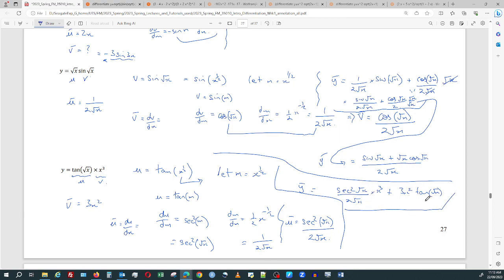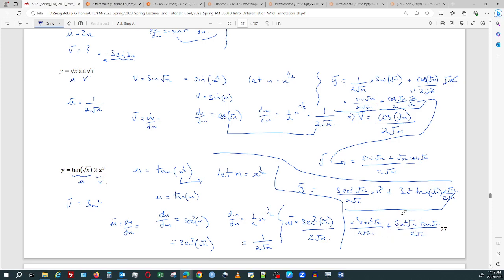But to put the 2 root x on the bottom requires a 2 root x and a 2 root x. So we'll end up with 3 2s are 6, x squared root x. And we'll end up with x cubed sec squared root x over 2 root x, plus 6x squared root x tan root x over 2 root x.